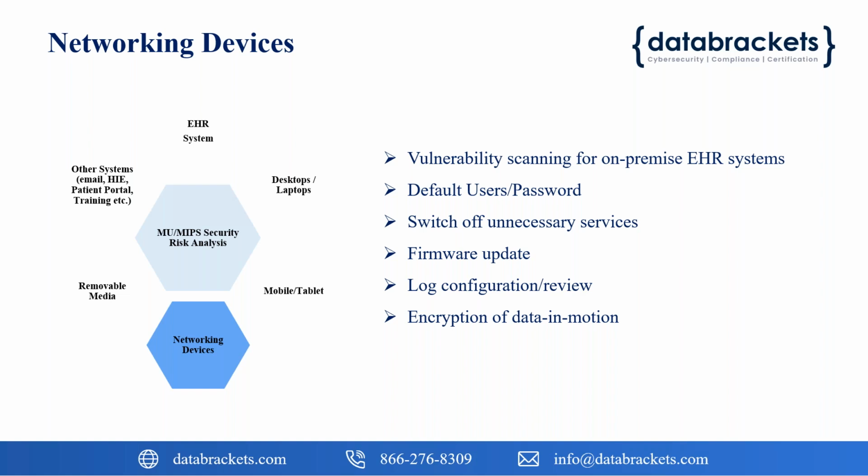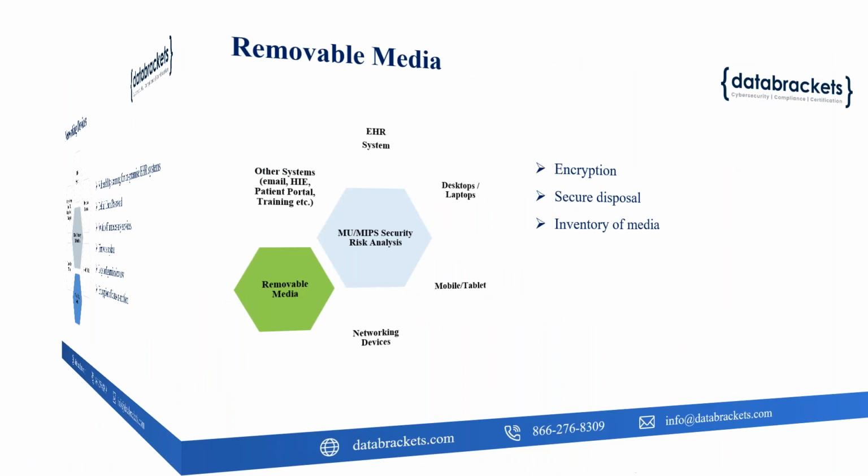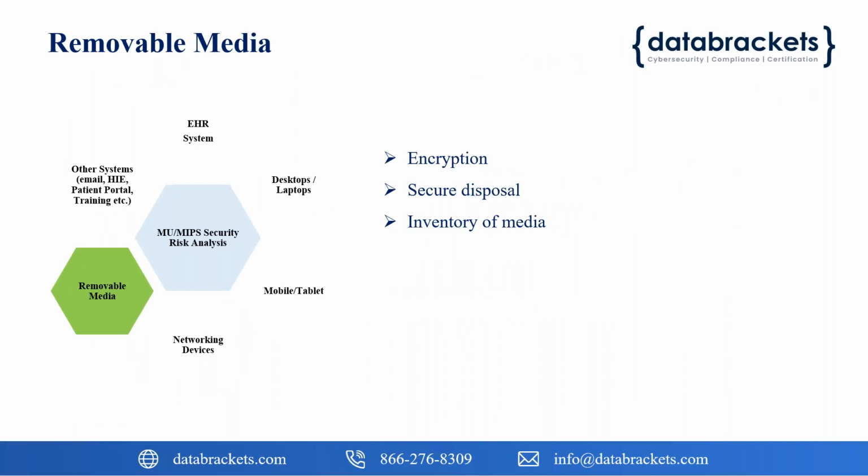You can just look at the make and model, and then Google the default username and password. If you don't change it, then anybody can access it. And then of course the firmware updates, configuring the logs, and encrypting the traffic are pretty important as well.